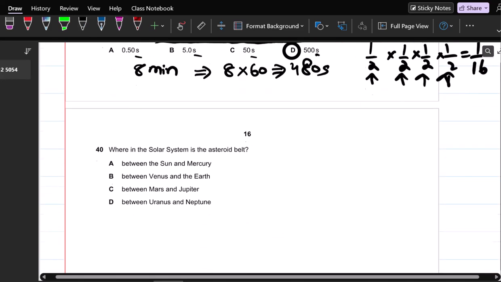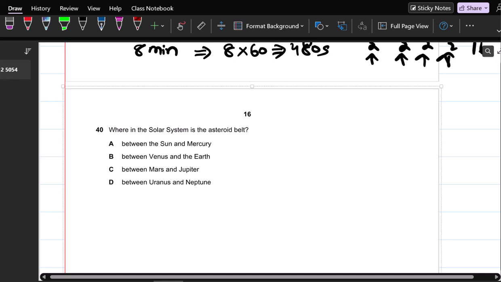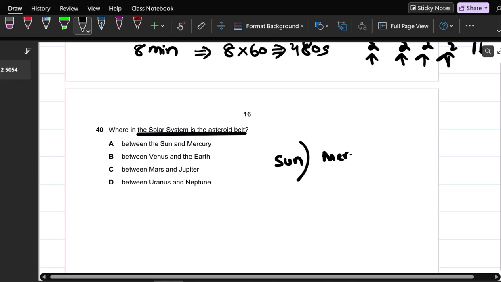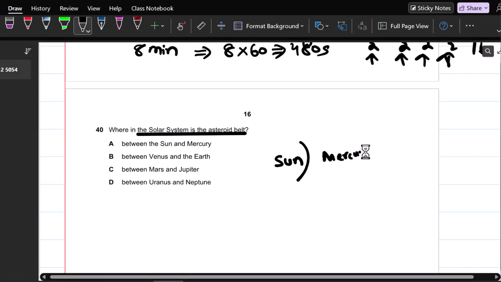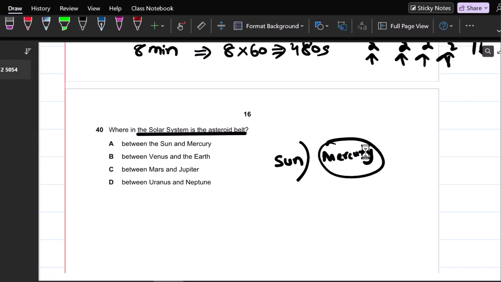Then question 40. Where in the solar system is the asteroid belt? You have the sun. After the sun, you have Mercury, then Venus, then Earth. And after Earth, you are having Mars.